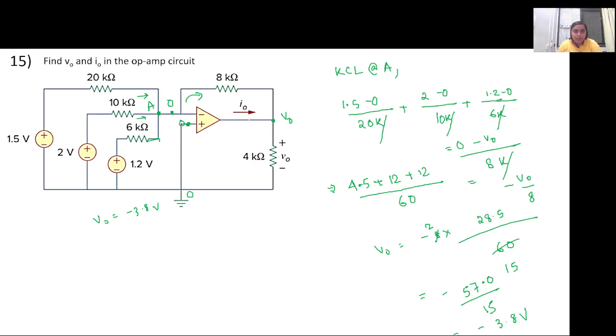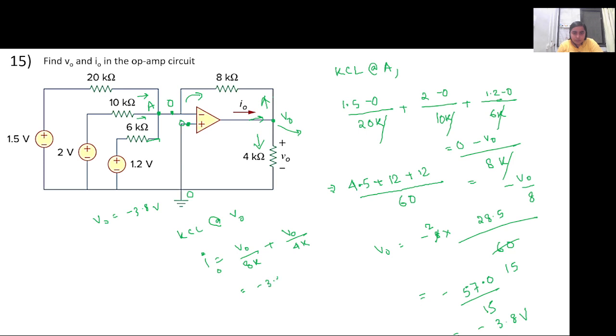Now what is I naught? If I apply KCL at V naught, I naught will be the two currents that are flowing in this branch and this branch. So I naught will be equal to V naught by 8 kilo ohm plus V naught by 4 kilo ohm. And V naught is minus 3.8, right?